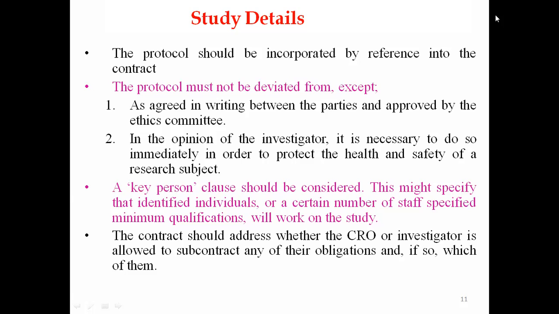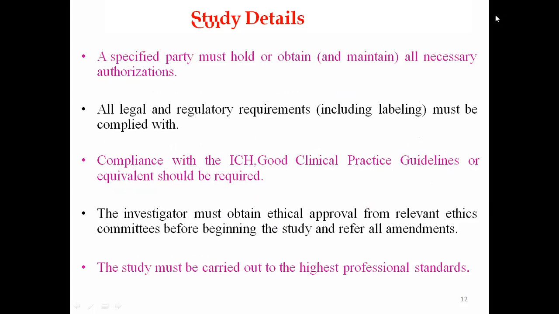That information has to be passed on to the sponsor. The CRO has to clearly state to the sponsor that for some particular things they will go for a subcontract. Those details have to be given, and then that has to be accepted by the sponsor.